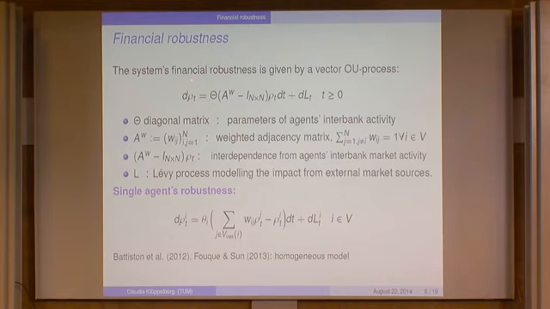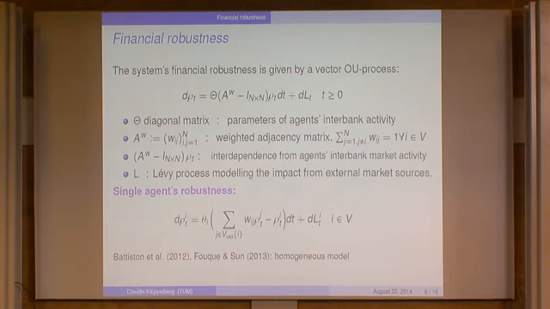We have a dynamic, where theta is just a diagonal matrix, so in each row we have some parameter. I will make this more precise, but they are parameters of the agent's interbank activity. Then we have our weighted adjacency matrix, which I presented before, and these weights add up to 1.